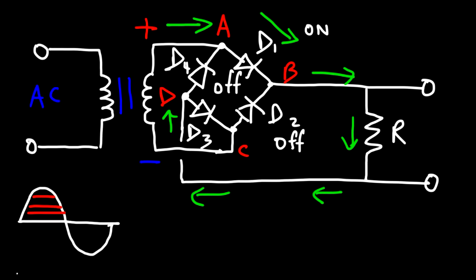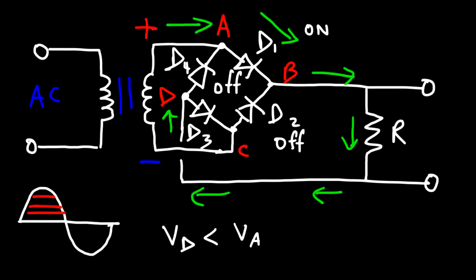D4 is off. Another way you can think about it is to understand that the electric potential at point D is less than the electric potential at point A. Current will not flow from a low potential to a high potential. It doesn't work that way. Electric current will always flow from a high potential to a low potential.